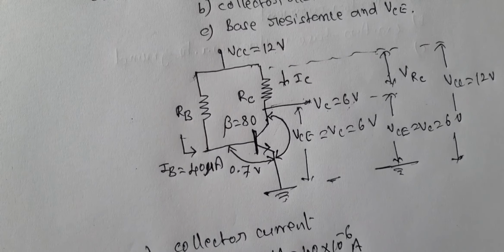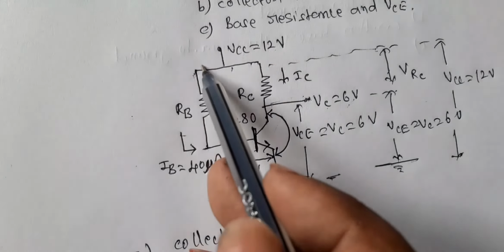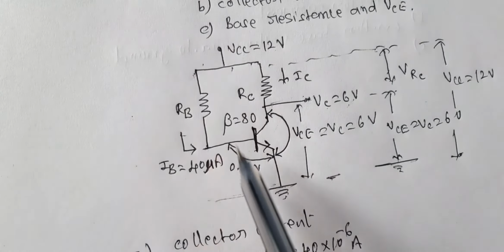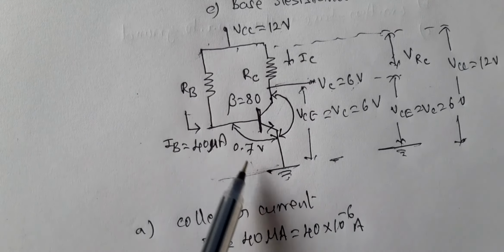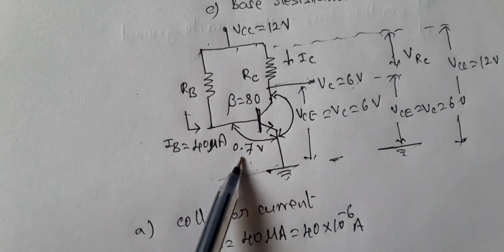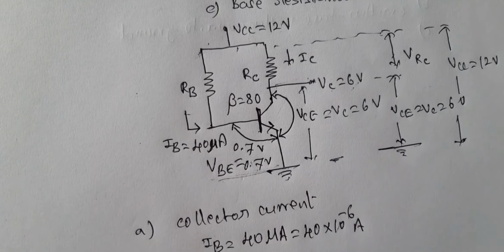Okay. See, VCC equals 12 volts. Therefore, from the left side, this 12 volts is equal to the voltage drop across RB plus the voltage across base and emitter. The base emitter voltage is equal to 0.7 volts.